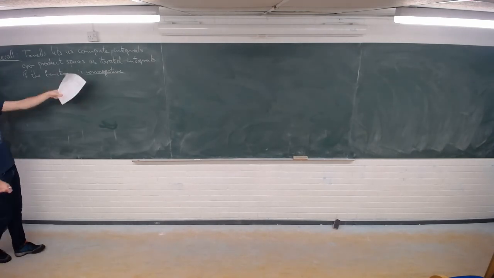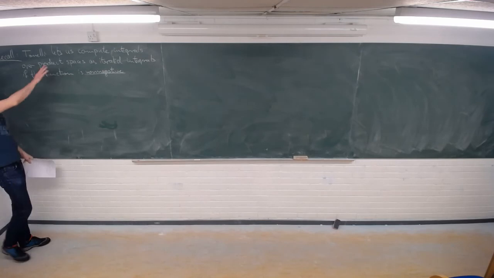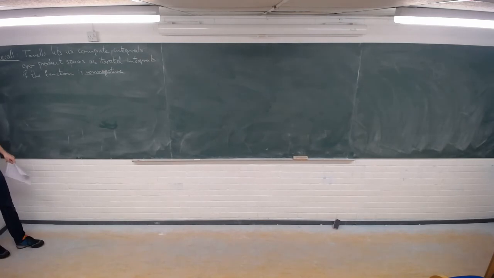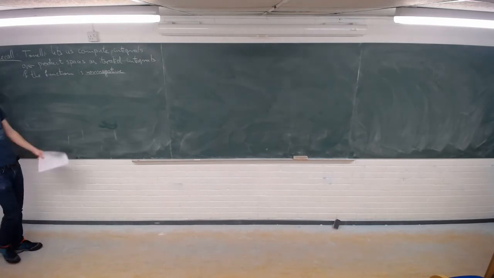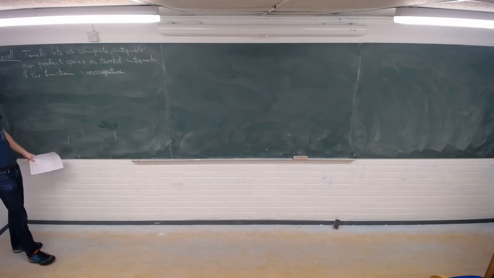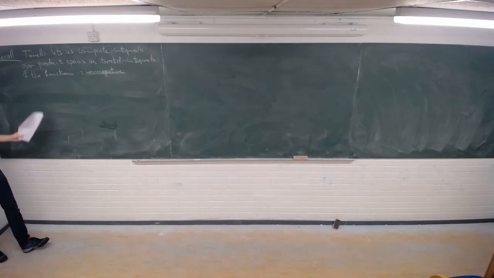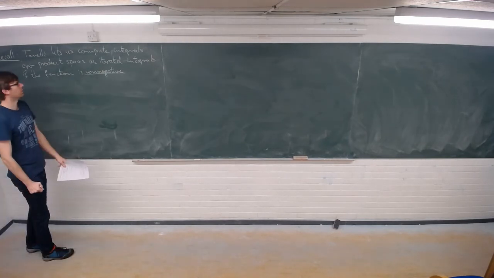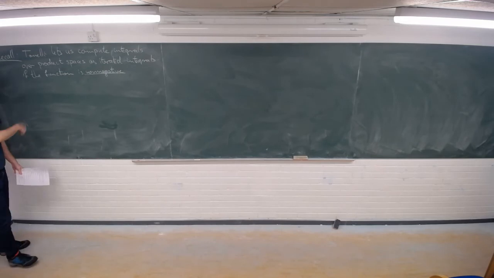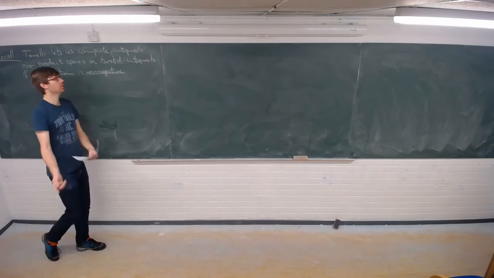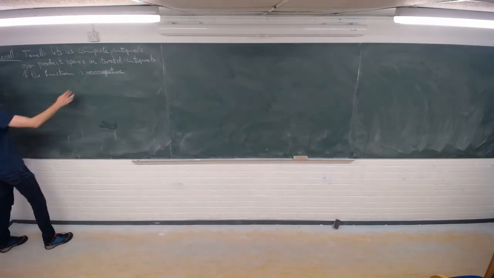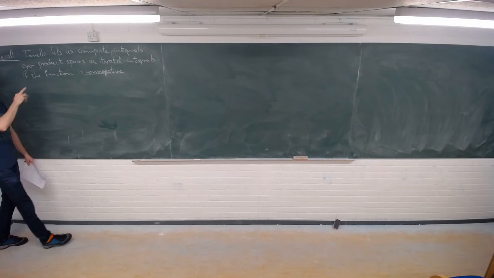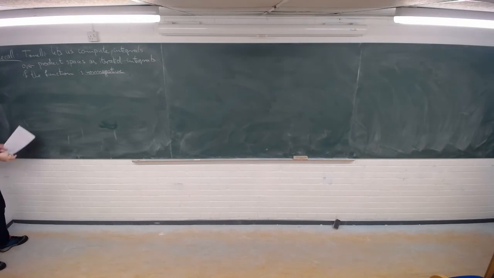If we want to compute the integral over a product space, and the function we're integrating is non-negative, we can just compute the iterated integral. So first with respect to one measure and then with respect to the other measure, and we get the same result. And in particular, the order of integration doesn't matter if we use this iterated integral.